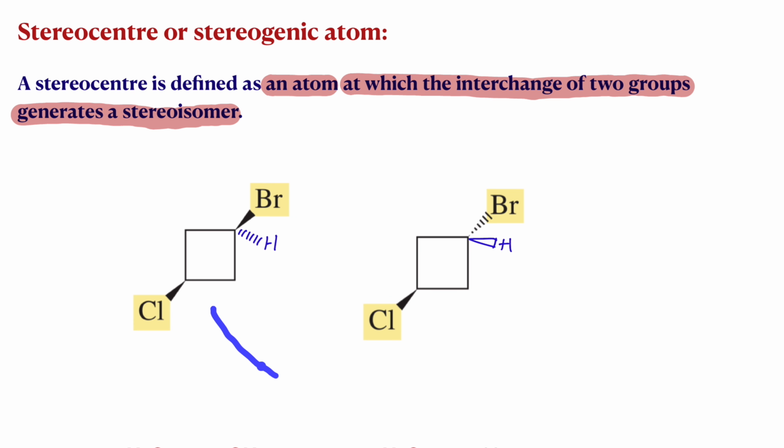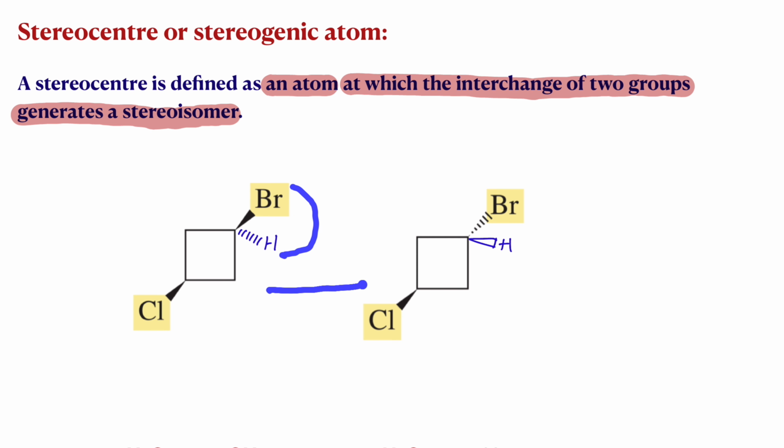In order to generate the second one, you have to interchange the orientations of bromine and hydrogen. Of course, they are attached to the same carbon, but here bromine is above the plane, and here bromine is below the plane. You have to interchange the orientation of bromine and hydrogen.